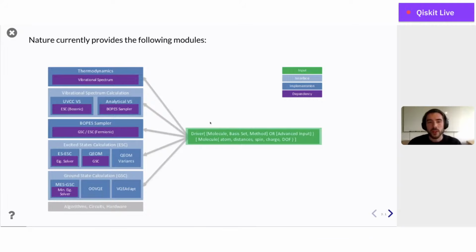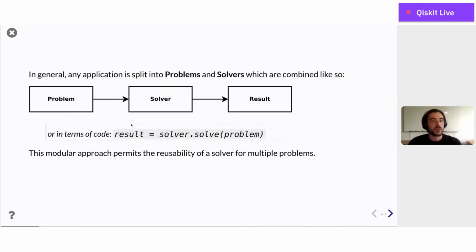But rather than trying to cover the entire breadth, we'll now go in depth into the ground state calculation of a water molecule. The general structure in Qiskit Nature is that there are three parts. You have a problem, that is whatever you want to simulate. You specify a solver, that is the means by which you want to solve the problem.